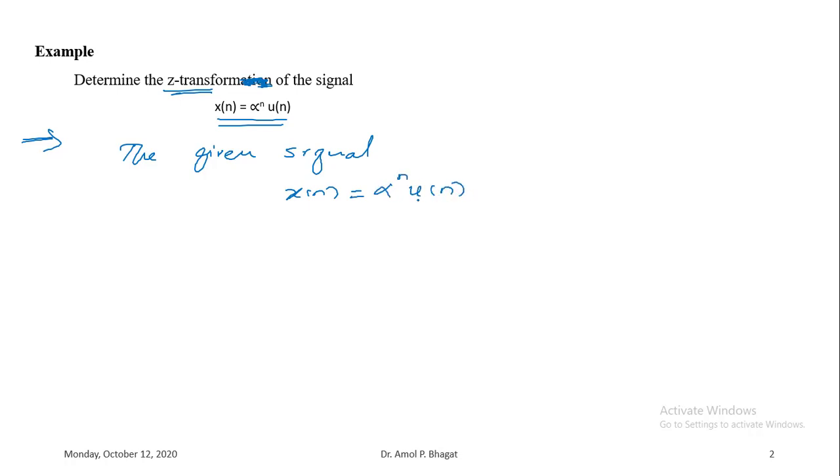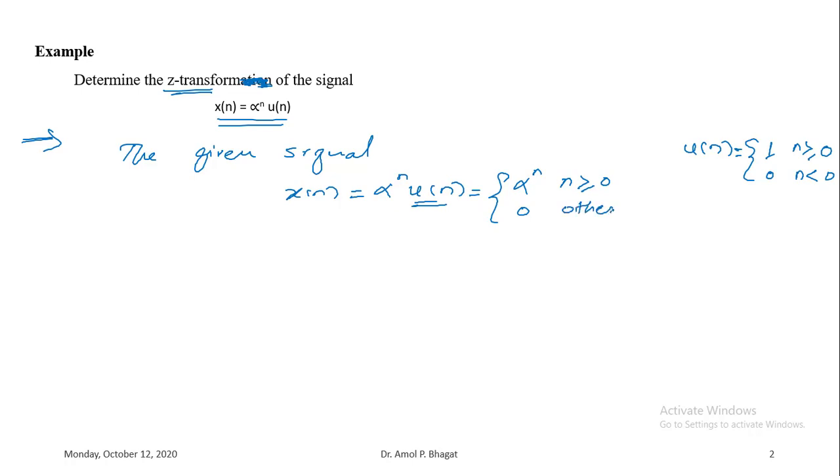As we know, u of n is a unit step sequence, one of the elementary discrete time signals, and u of n is equal to 1 for n greater than or equal to 0, and it is 0 for negative values of n. So we can simply write it as alpha to the power n for n greater than or equal to 0, because u of n will be 1 in this case and it will be 0 otherwise.